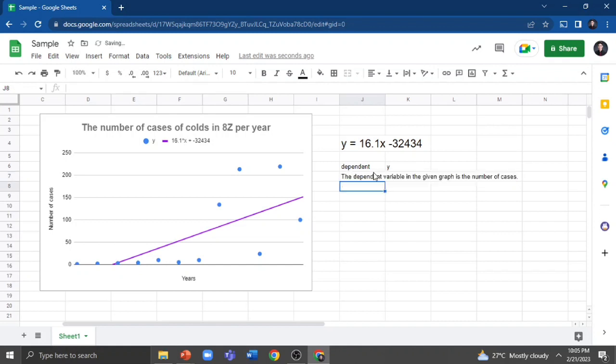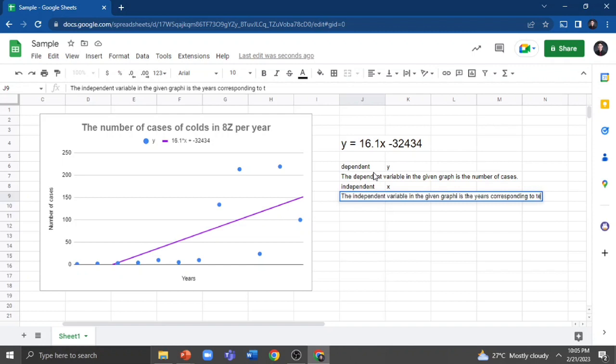Now in terms of the independent, if dependent is y, independent is x. So this means that the independent variable in the given graph is the years corresponding to the number of cases.